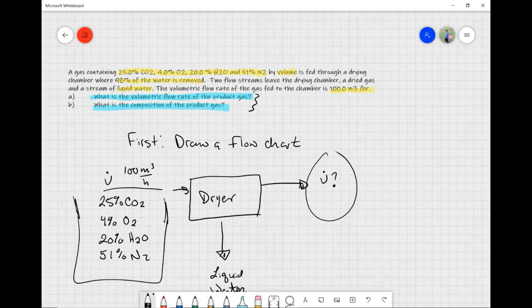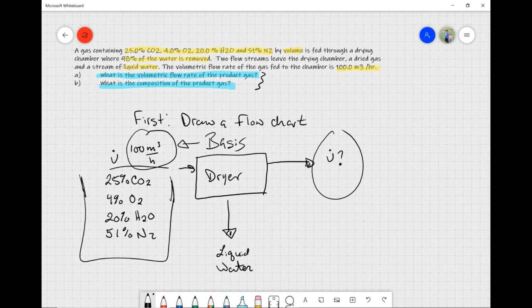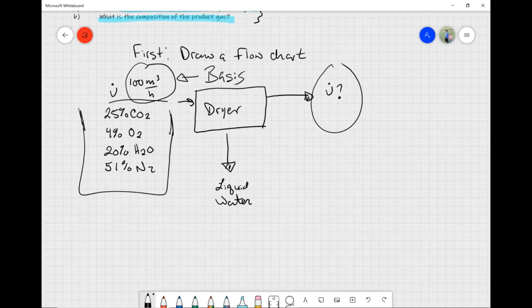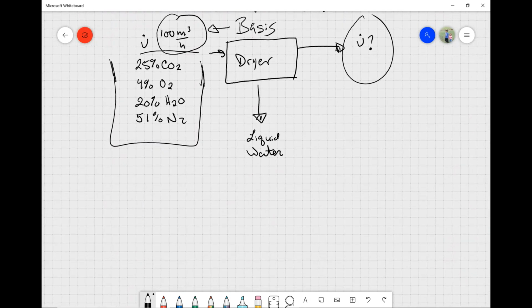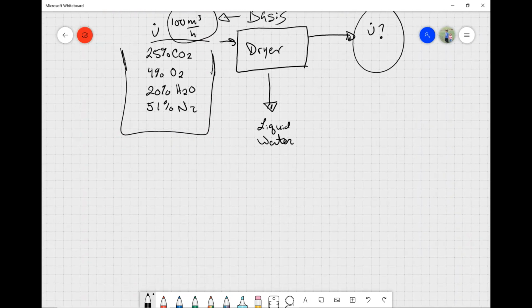And we have an input volumetric flow rate, so this is our basis: 100 cubic meters per hour. So we have a basis of 100 cubic meters.